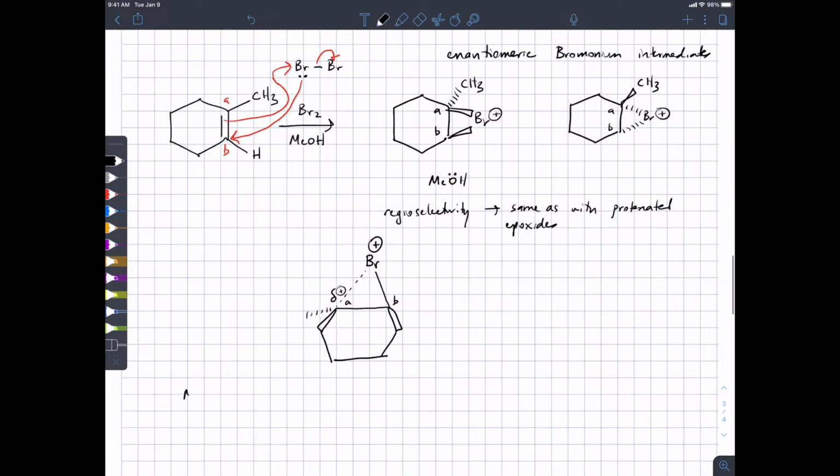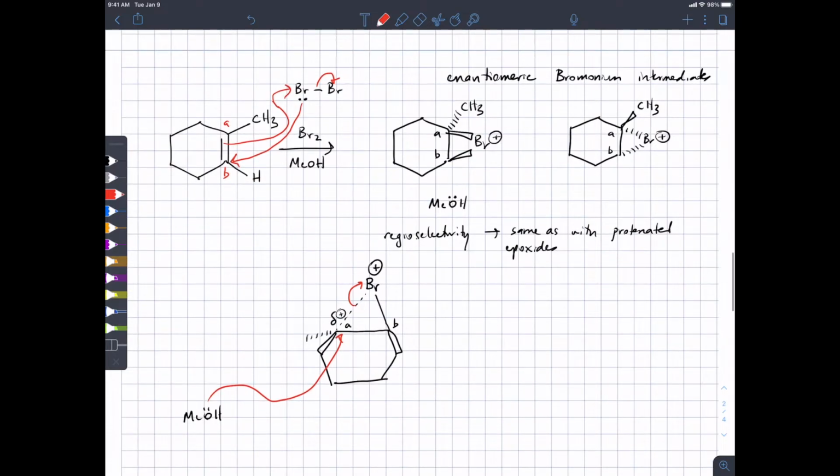And that means when the nucleophile comes in, it attacks the more substituted carbon. So exactly the same regioselectivity as we saw for epoxide ring opening. The nucleophile attacks the more substituted carbon, where the buildup of partial positive charge is more stable.